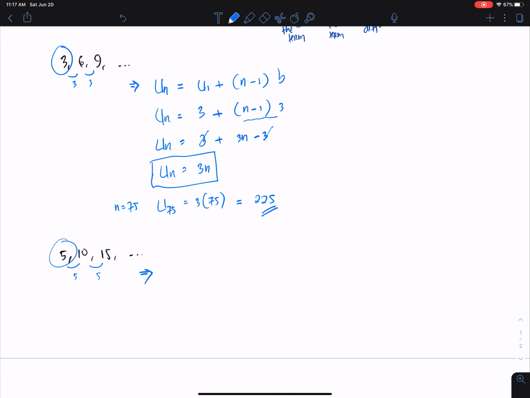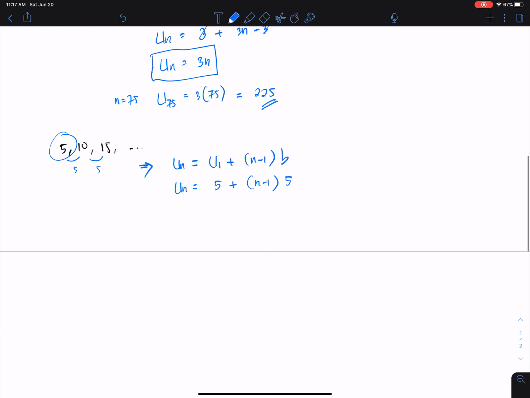For this particular sequence, the formula will be u1 plus n minus 1 times b, the difference. So un, we have 5, the first term, and minus 1, and the difference is 5 also.